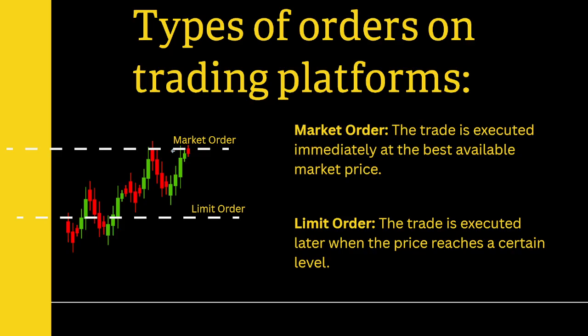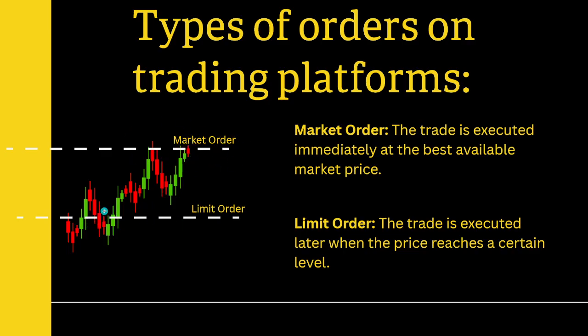On the other hand, a limit order is executed later when the price reaches a certain level. So limit orders, or pending orders, as some people call them because they are executed later, are the second type of order. In this example, you can see I decide I don't want to buy right now.